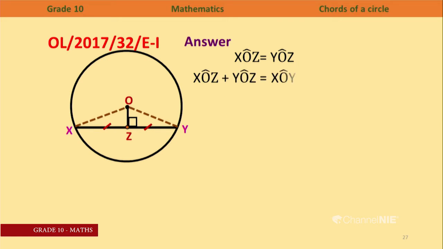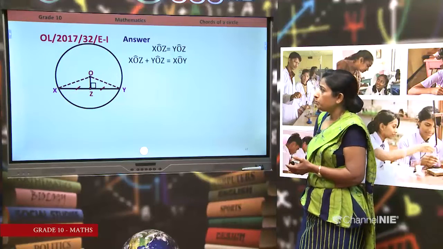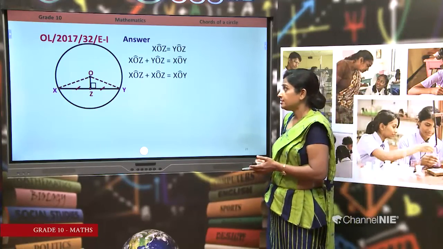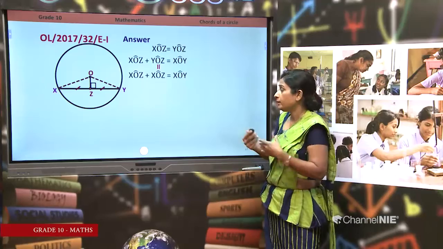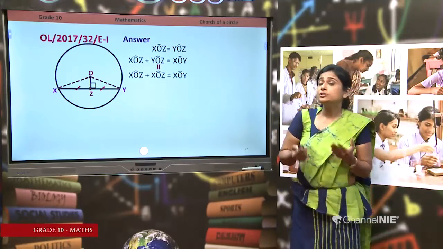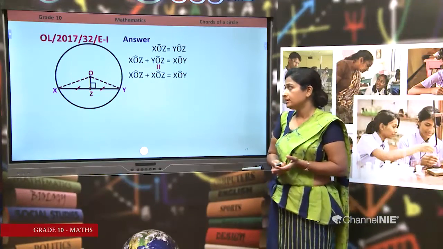XOZ equals YOZ, then adding those two angles you make XOY. When adding those two angles, XOZ and YOZ, we get the big angle XOY. Then instead of YOZ we can consider XOZ, because previously we found XOZ and YOZ as equal.